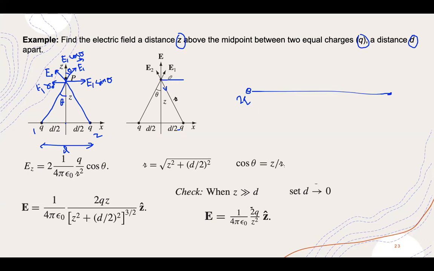The vertical components are going to be cancelled, and you are left with only the horizontal component. Is it clear? It is very important to understand what the directions could be, because now this is minus Q. So the direction is going to be towards the minus Q, and therefore the vertical components are going to be cancelled out, and you are left with only horizontal components.